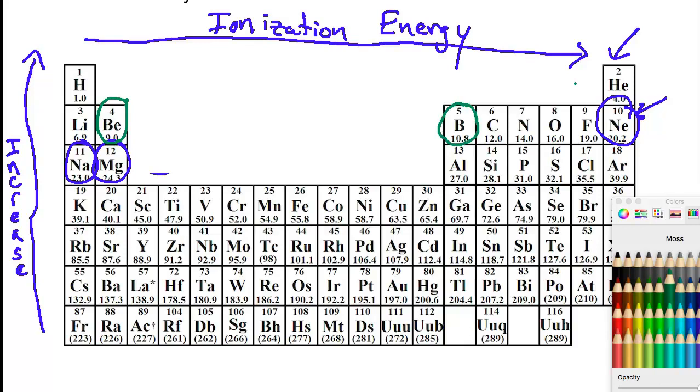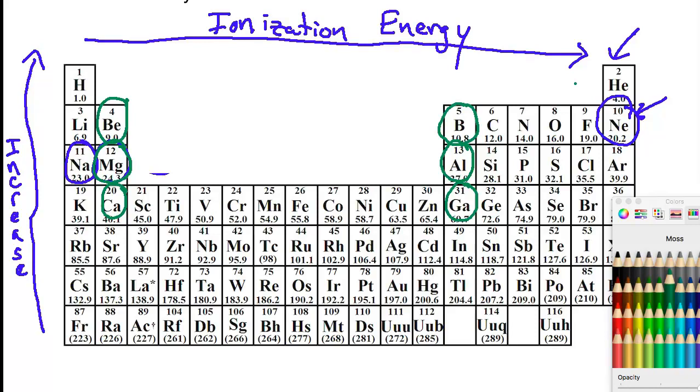So this would apply for magnesium and aluminum, it would apply for beryllium and boron, it would apply for calcium and gallium, and so on and so forth. All right, so this is the first exception.